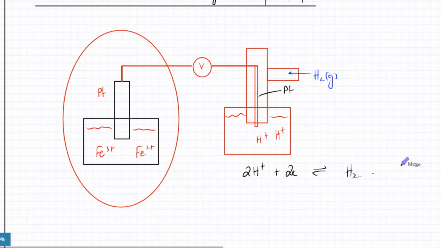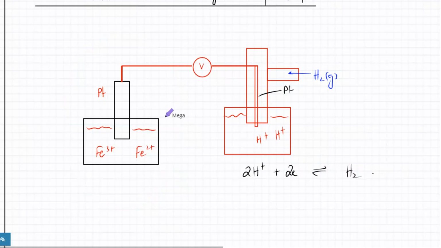So that's the equilibrium that is established over here. And the equilibrium that is going on over here is Fe3+, which gains 1 electron, in equilibrium with Fe2+. So you've got these two electrodes going on. Every electrode that you drew earlier, its potential is going to be measured against this reference electrode.